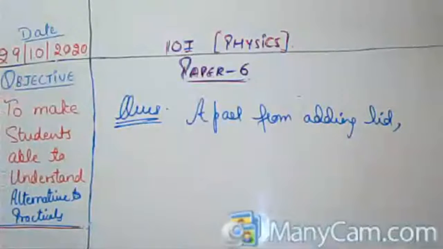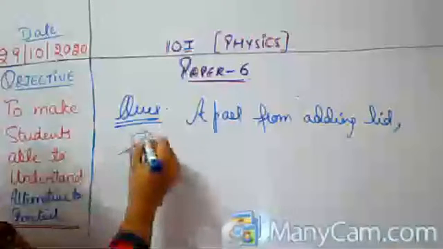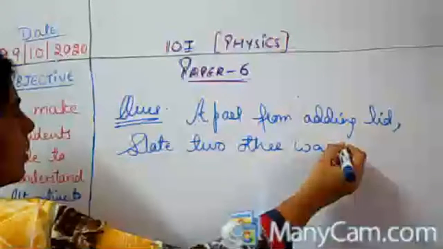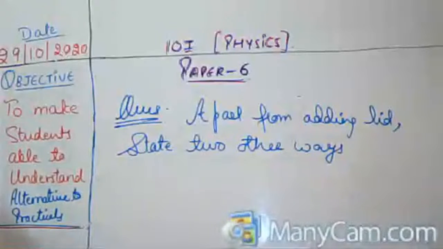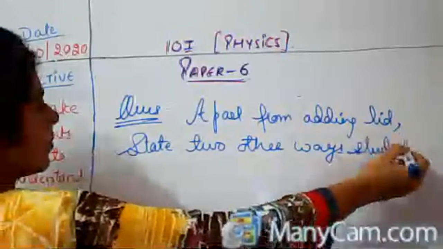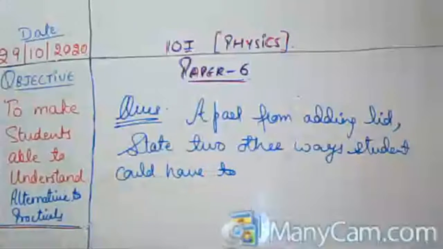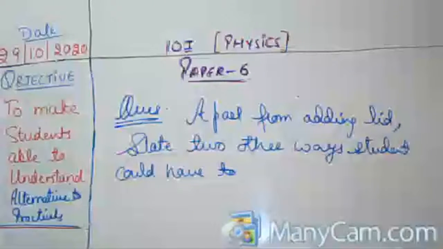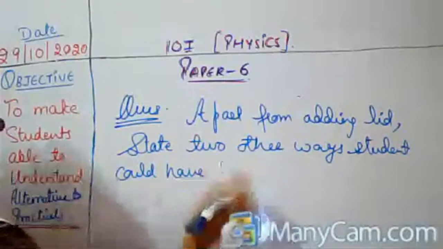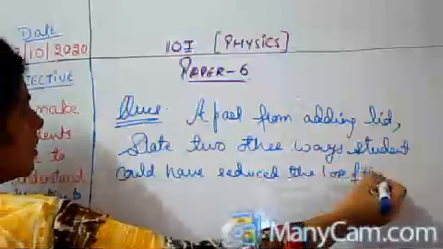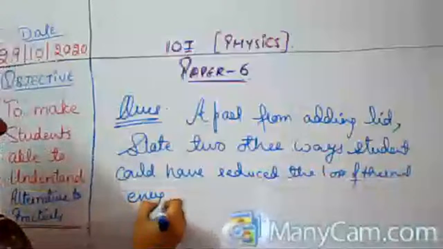Apart from adding a lid, state two other ways students could have reduced the loss of thermal energy. So I hope what I was talking about is clear.